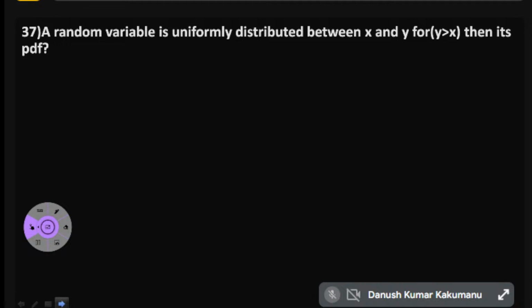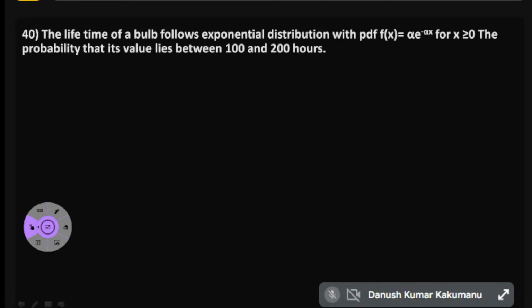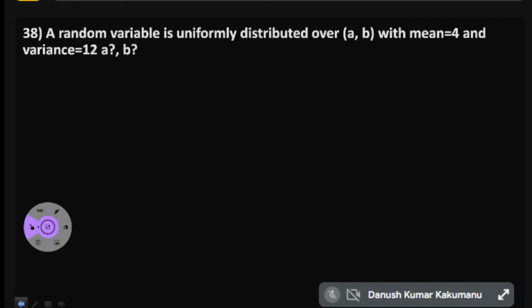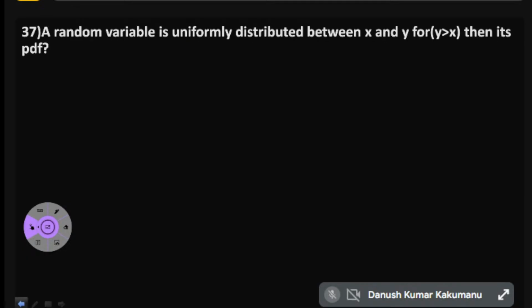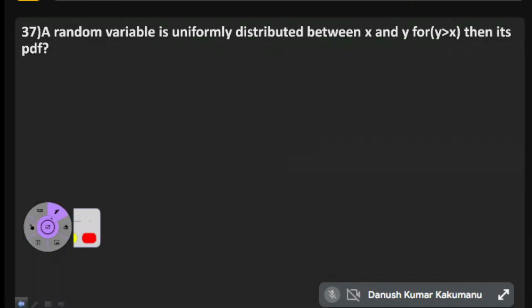Try this question, all of you. f of x is equal to 1 by b minus a. What are the limits here?